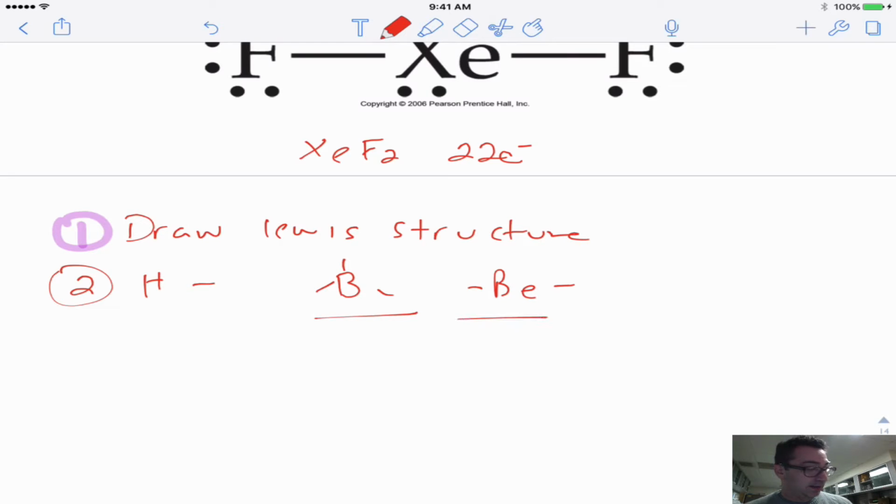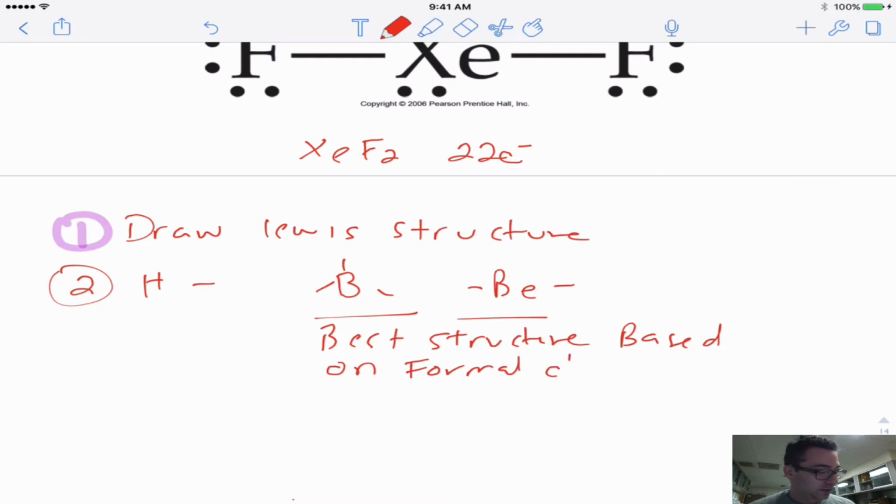Beryllium and boron, these two here, they will take the best structure based on formal charge. And the best structure based on formal charge is where boron has 3 bonds, beryllium has 2 bonds. So that's important to note.